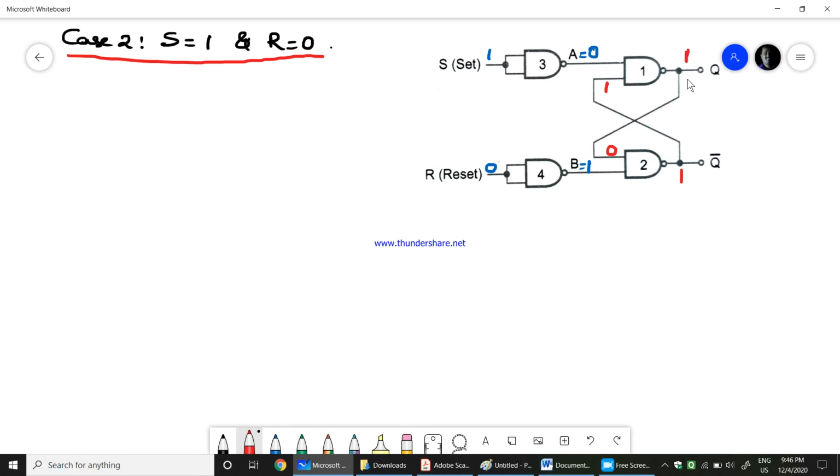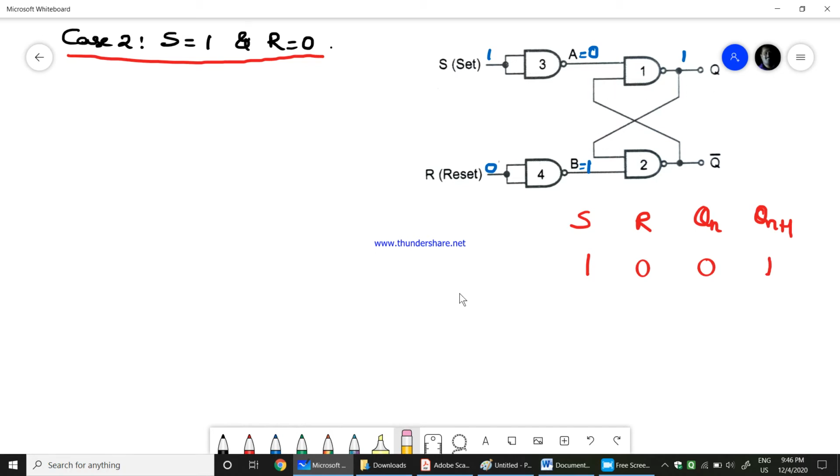So it means that I assumed now S is 1 and R is 0, Qn and Qn plus 1. I assumed Qn to be equal to 0 but the next state I got is again 1. Now I'll assume this as 1, so this will all change now.